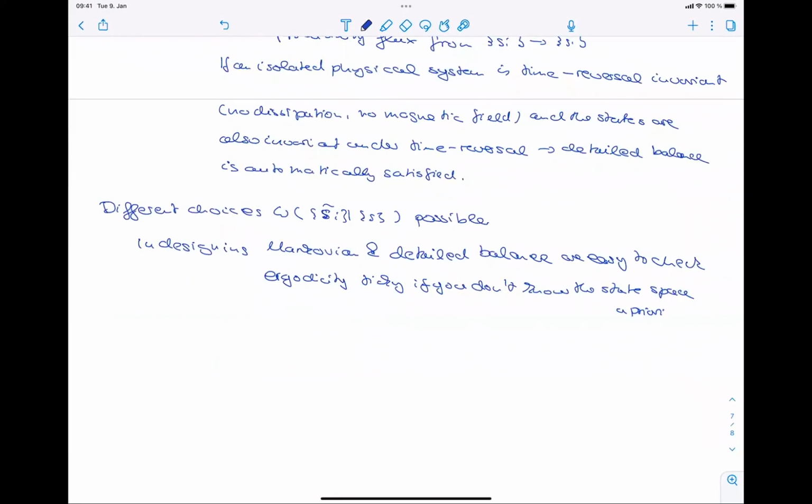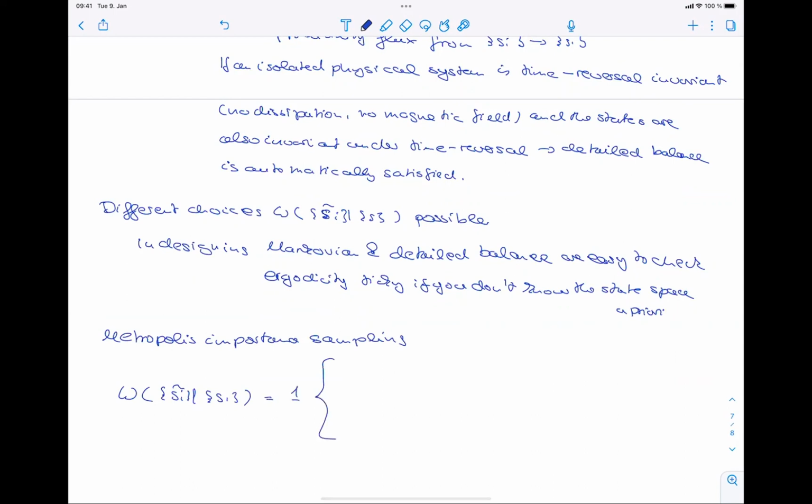So the two standard, mostly used algorithms for designing these probabilities are the Metropolis importance sampling, where the probability is defined such that I calculate the energy of the tilde system and of the non-tilde spin system, and I take them to the Boltzmann factor, and that's my transition probability to go from S to tilde.